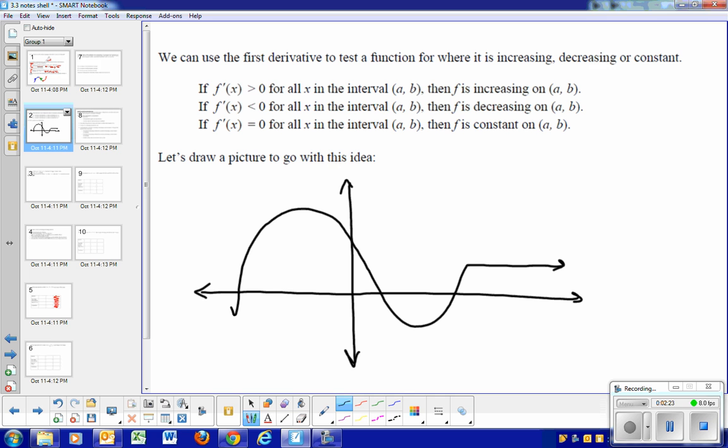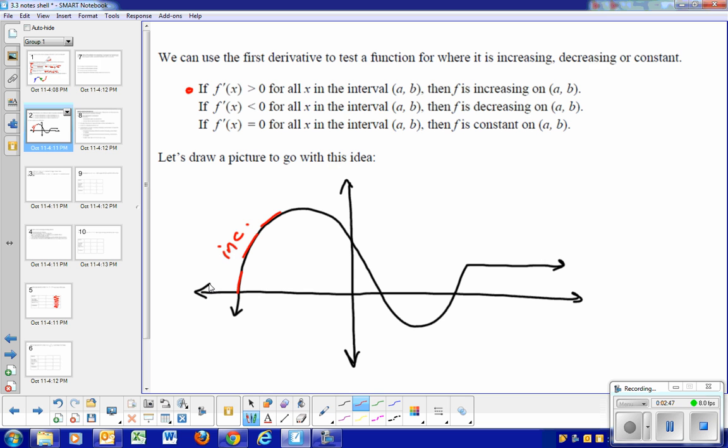It's a really crazy function. All through here, all of your little tangent lines would have a positive slope. And so if you look at the first bullet point up above, if our derivative is positive, meaning we have positive sloping tangent lines, then we say that the original function is increasing.